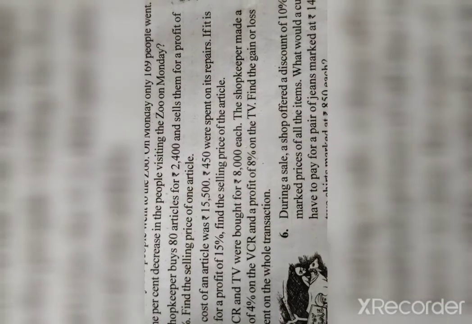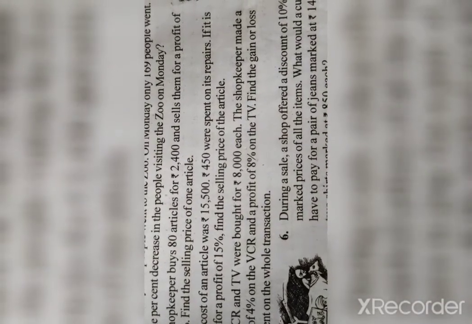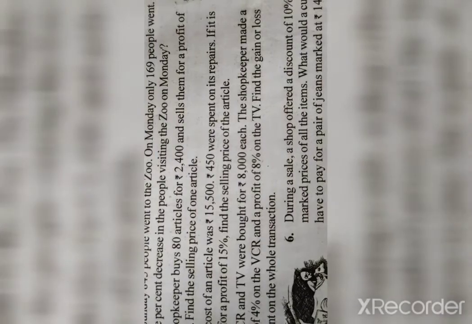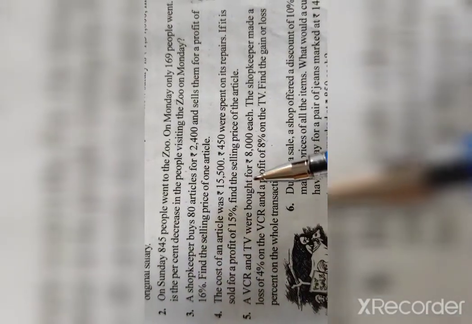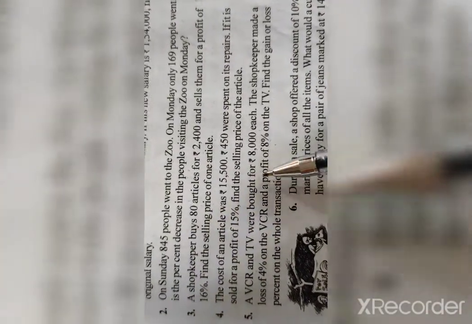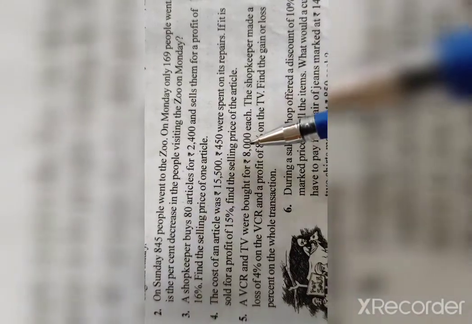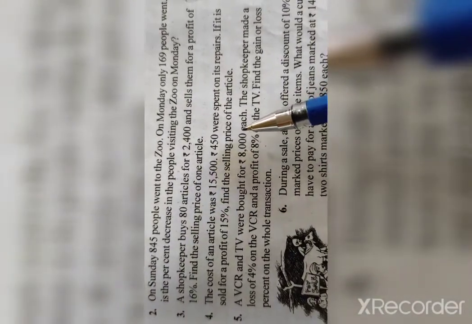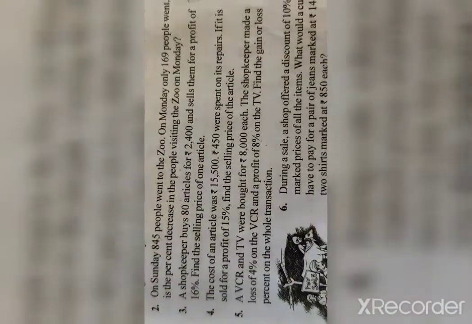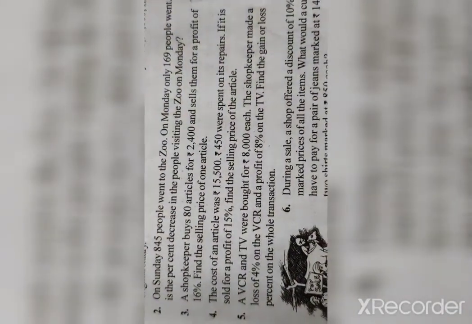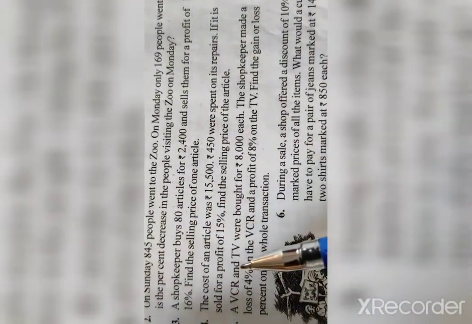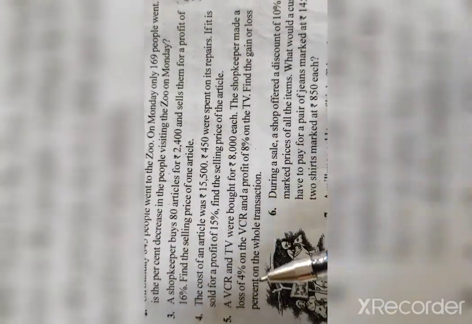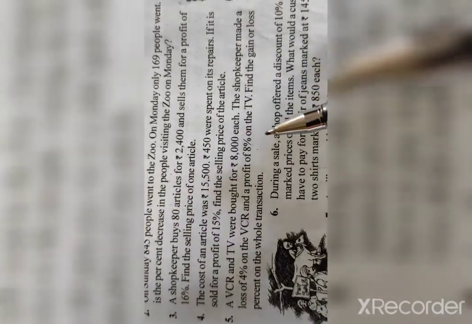So cost price is 8,000, then selling price you will calculate. After that, you will write here cost price of both the articles is equal to 8,000 into 2, 16,000, and selling price of both the articles is equal to, whatever you are getting, selling price of VCR plus selling price of TV, you will add and compare.